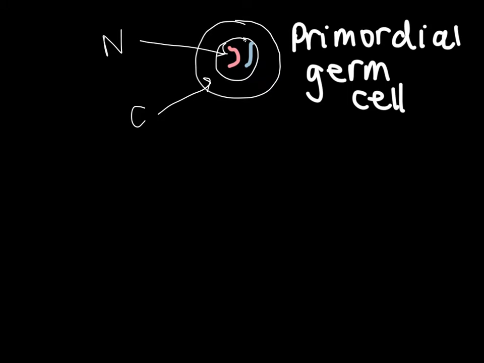In this nucleus, and obviously we're not representing every chromosome here, this is a diploid cell, and as I've drawn it here, it is 2C.